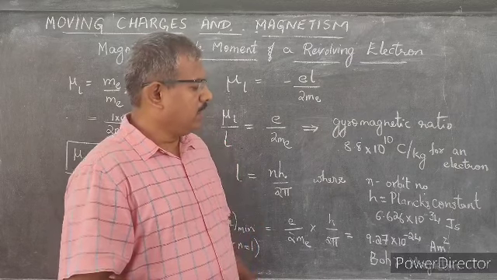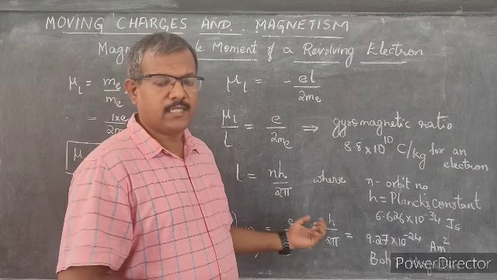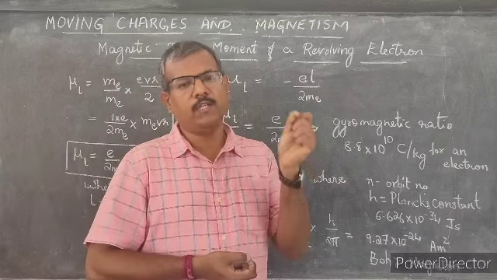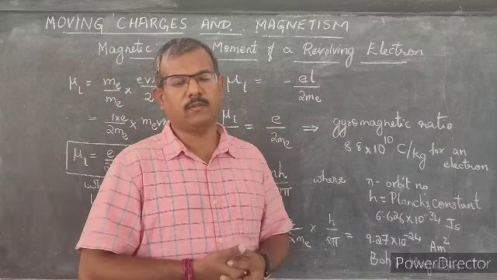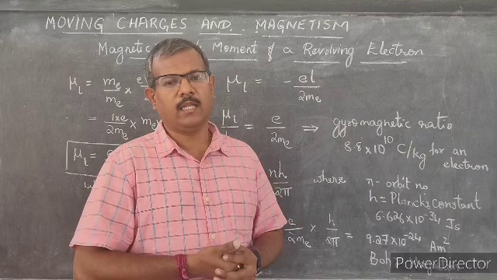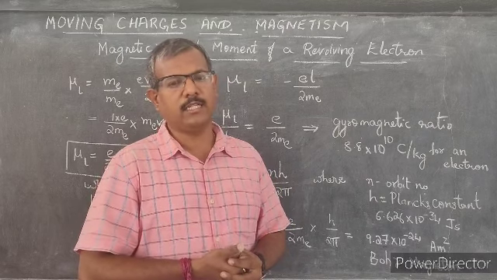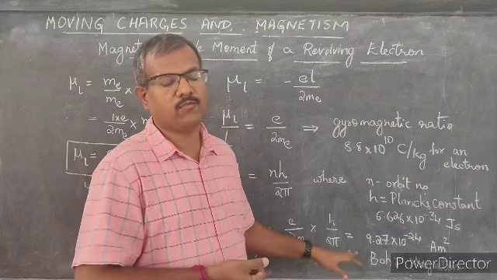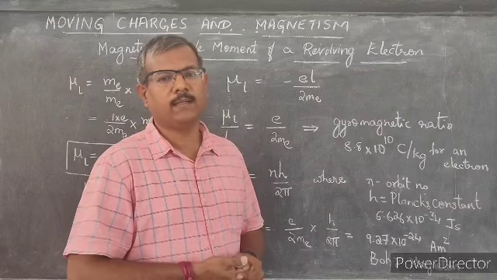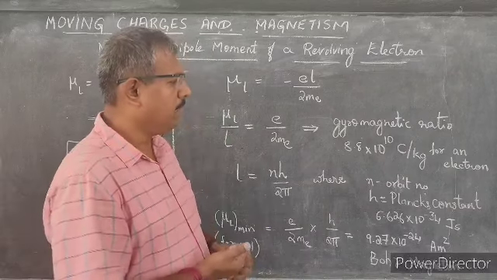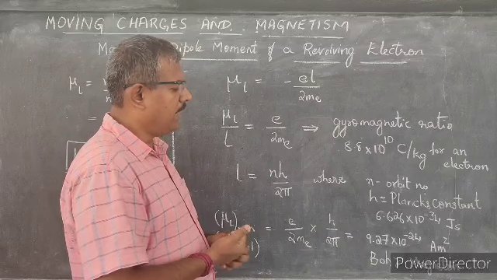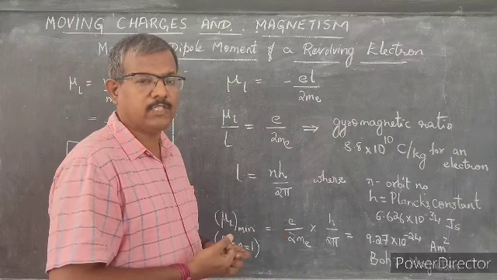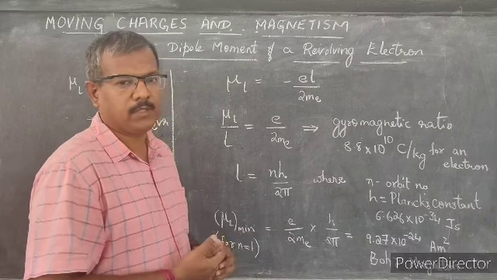Now, to carry these discussions yet further, an electron as it goes around the nucleus of the atom has two moments associated with it. One is what we just discussed. This is sometimes also referred to as the orbital magnetic moment. And it also has yet another magnetic moment which is called the spin magnetic moment.